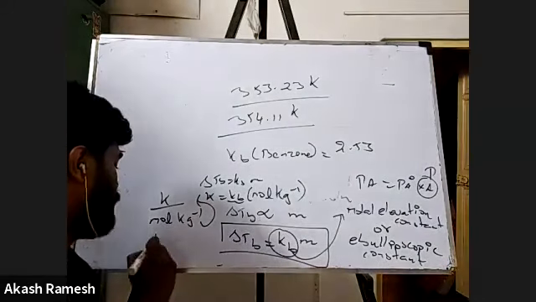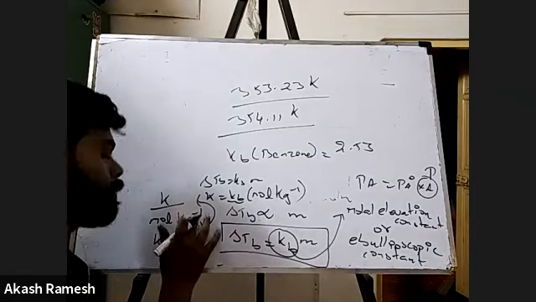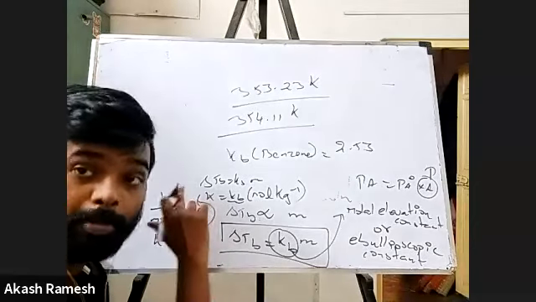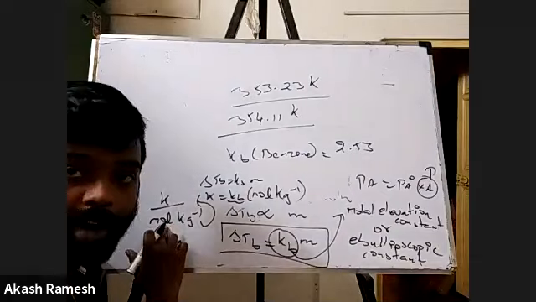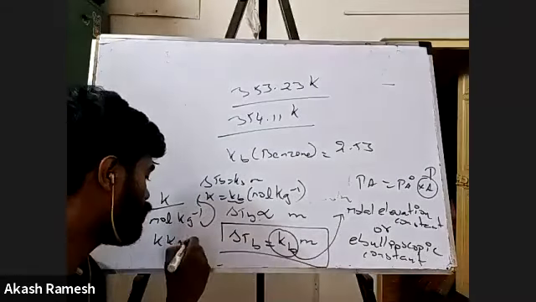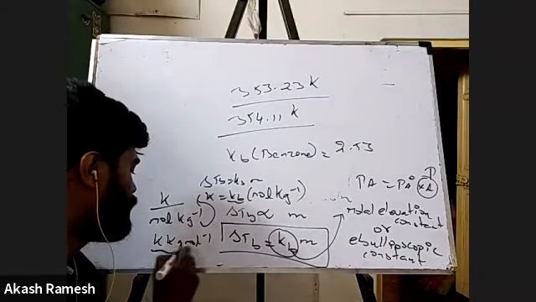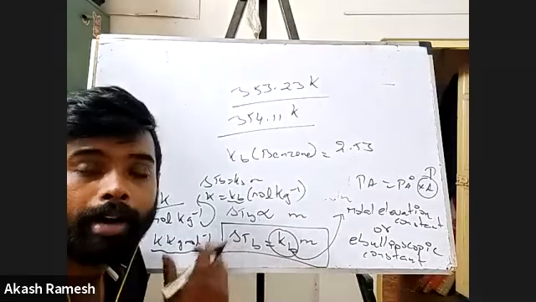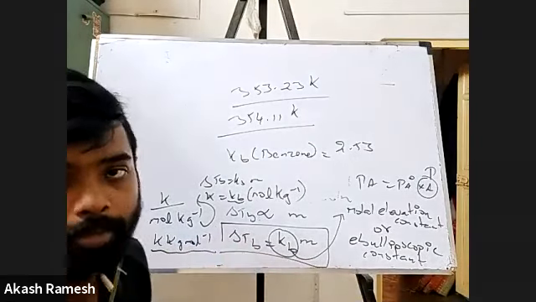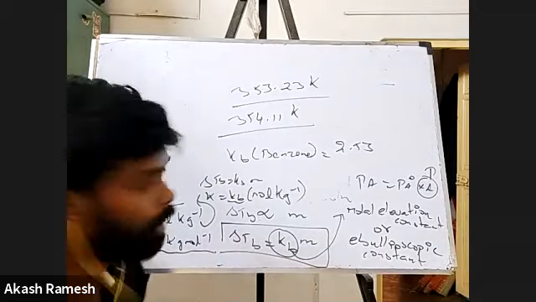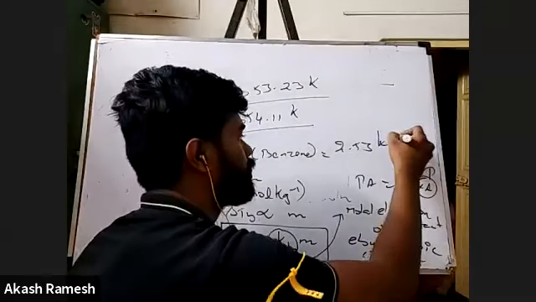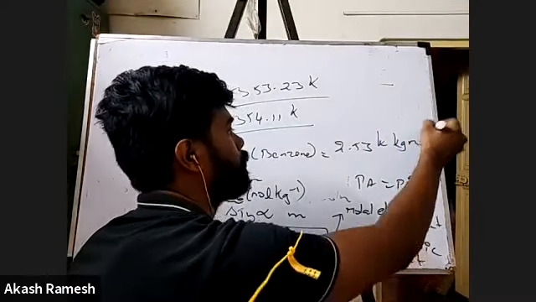What will happen? It will be Kelvin kg, the kg power minus 1 will become kg power 1, and mole power 1 goes to the numerator as mole power minus 1. So it is Kelvin kg per mole, or K kg mole power minus 1, whatever it is. You have to remember this. So Kelvin kg per mole is the unit.